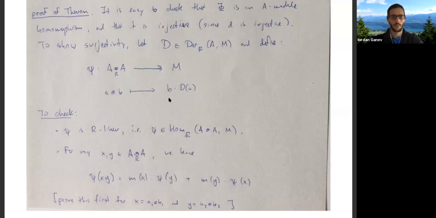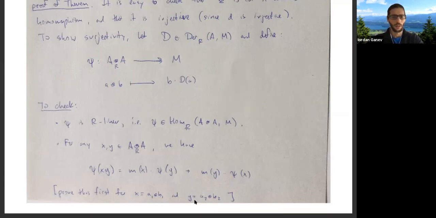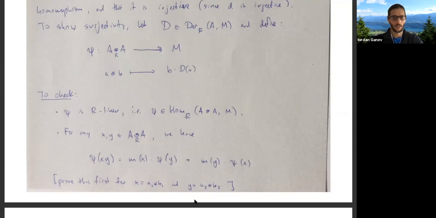That's using the definition of psi. And then we add the same thing but with the roles of x and y reversed. This seems kind of weird, but it's easy to prove when we have just simple tensors. So x is a1 tensor b1, y is a2 tensor b2. If you write it out, you'll see that this is true, and it extends by linearity.